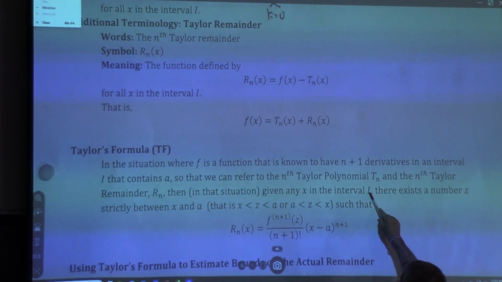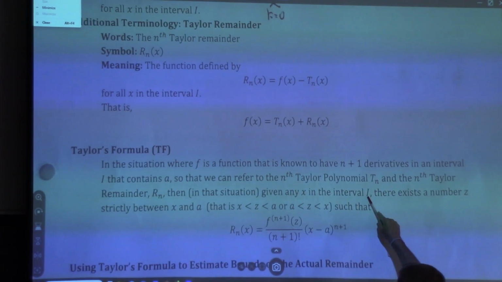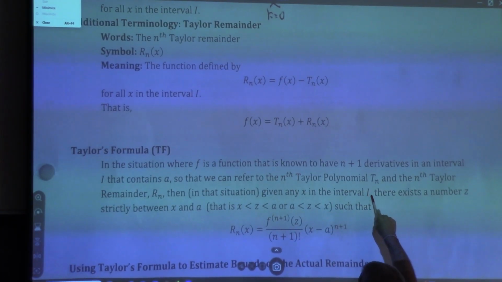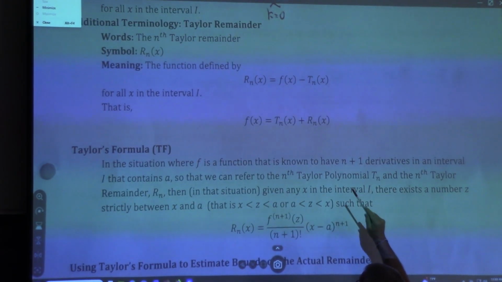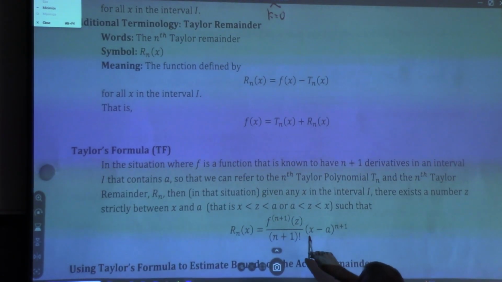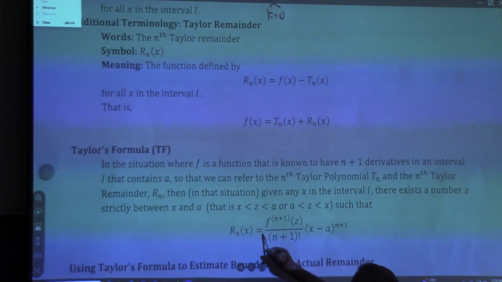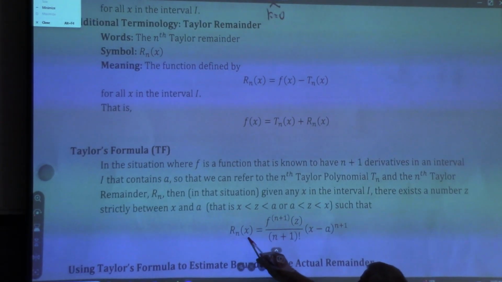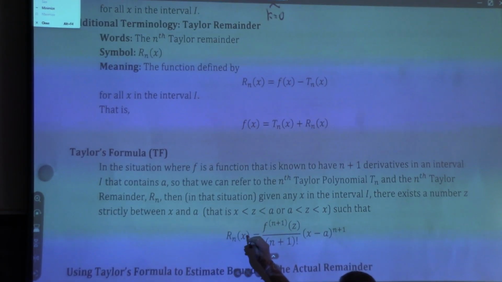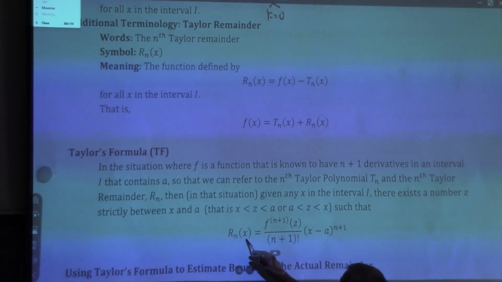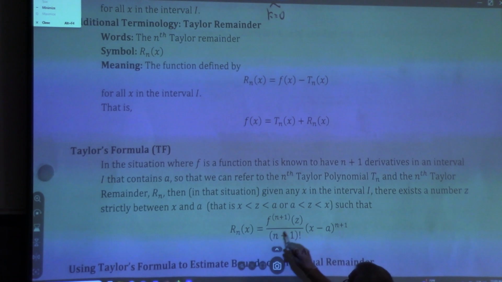Given any x in some interval around a, where you have the Taylor polynomial around x equals a, the remainder is exactly this. Exactly. That's a big deal. The remainder at some number x, like how far off you are by using the nth degree Taylor polynomial instead of the function f, is exactly this. So great, I got an exact value.